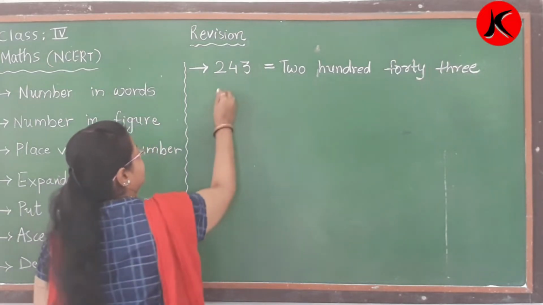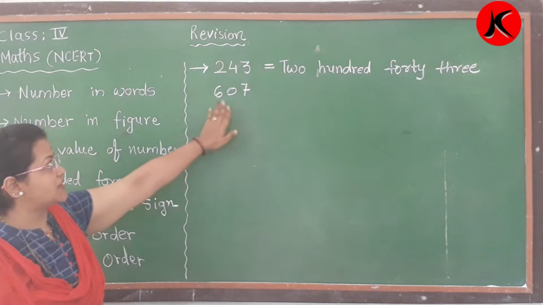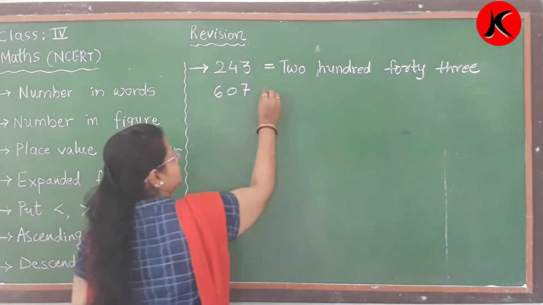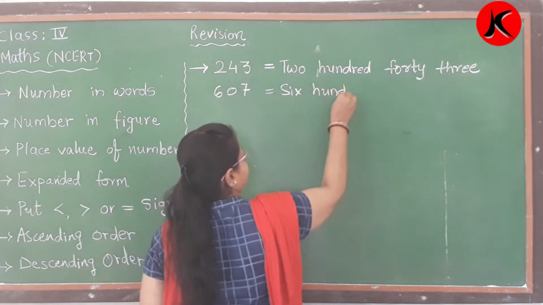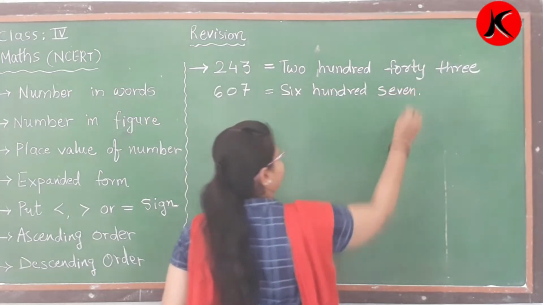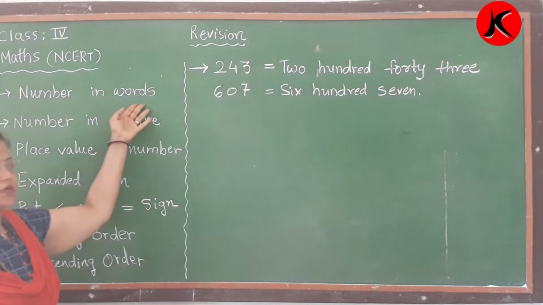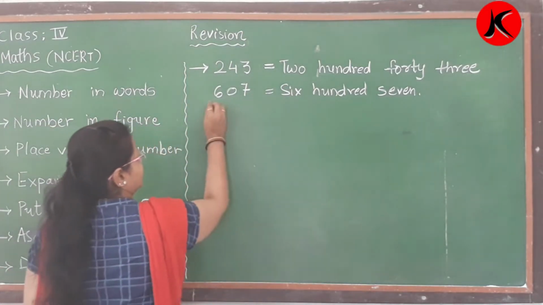Another example, 607. How to read this? 607. So write it here. Okay? So the first one is number in words, how to write a number in words. Clear?